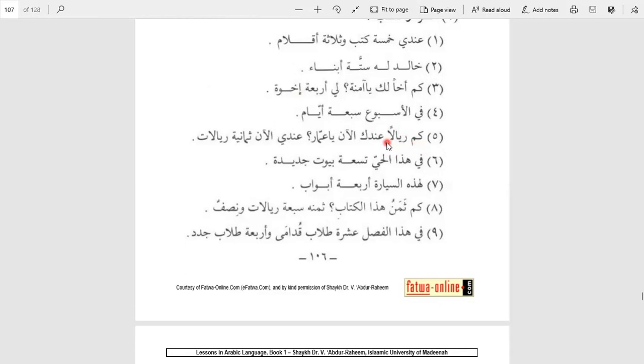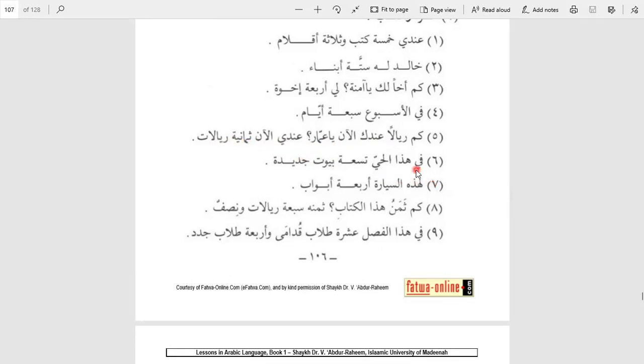Kam riyalan indaka al'ana ya Amru? Indi al'ana thamaniyatu riyalatin. How many riyals do you have now, O Amru? I have now 8 riyals. So this is it.